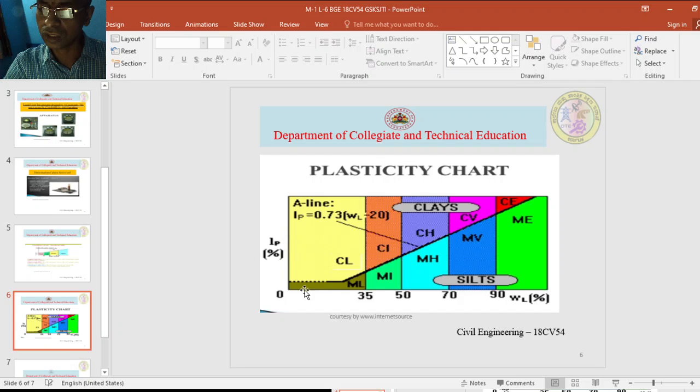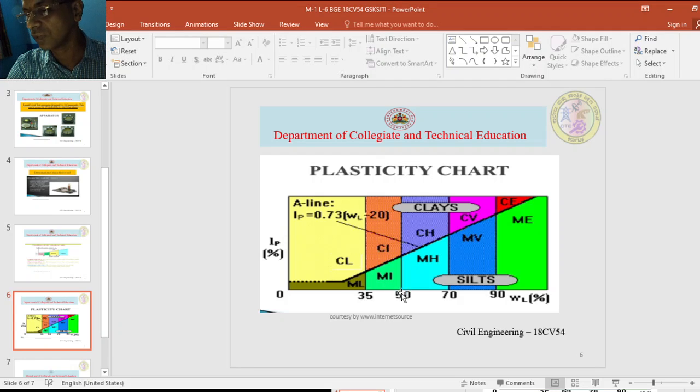Now, if the liquid limit is 0 to 35, whether it is above the A line or below it, it is lower compressible soil. If it is above the A line, it is clay of lower compressibility. Below the A line, it is silt or organic soil of lower compressibility. If it is 35 to 50, above the A line it is clay of intermediate compressibility, and below the A line it is silt or organic soil of intermediate compressibility.